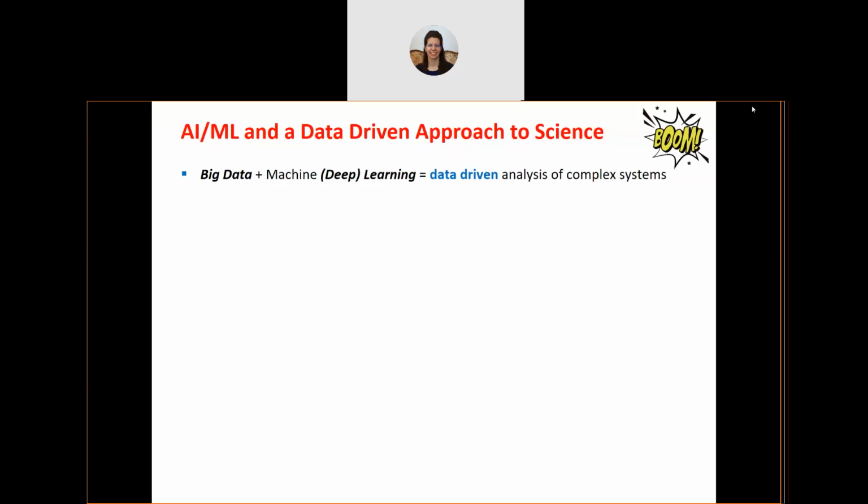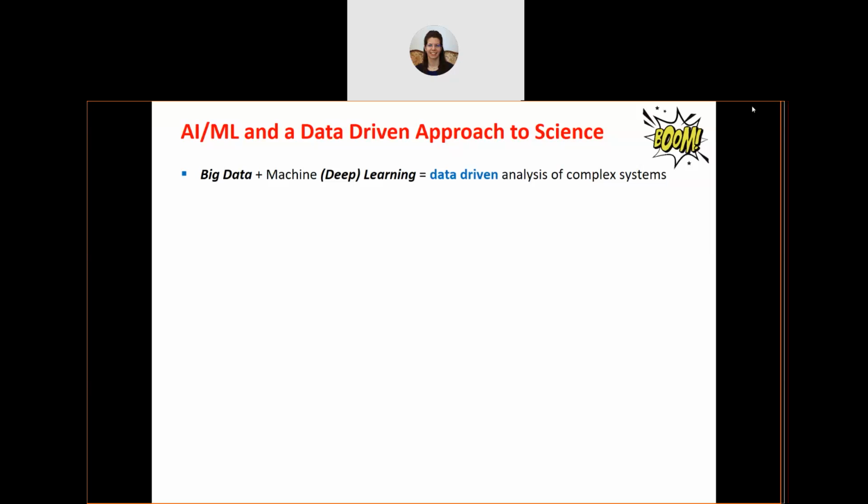But the temptation today is that many systems are very complex and not very easy to model, or in some cases, if it's a complex system, you cannot even model it. So the way to characterize and do things with it today, given that we have so much data, is to do it in a data-driven approach. You just have a system with data inputs and data outputs, and you try to understand what's going on there, treating the system as a black box.